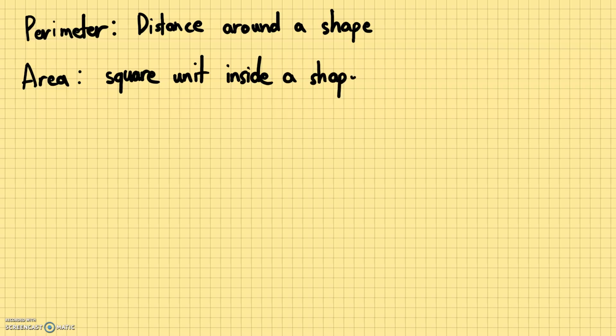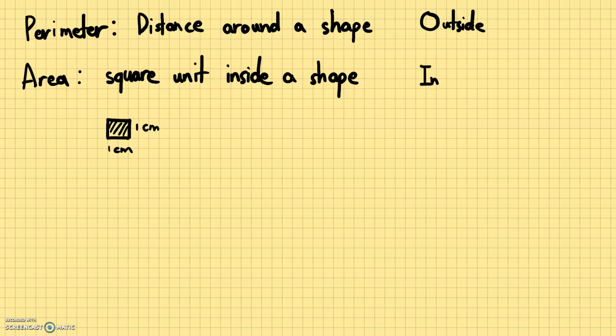What do I mean by square unit? If we're talking in centimeters, it's going to be a centimeter squared. So that's 1 centimeter by 1 centimeter. So basically think of area as the inside. Perimeter is outside.